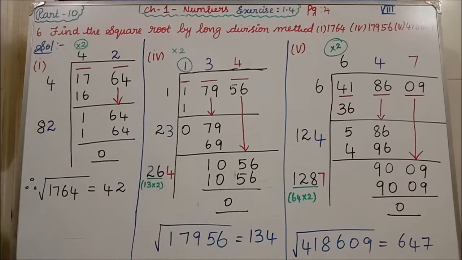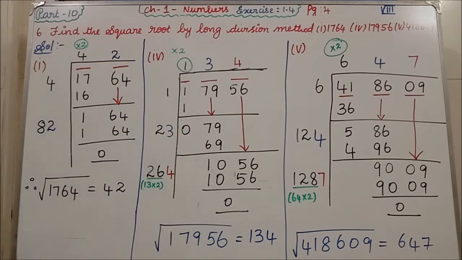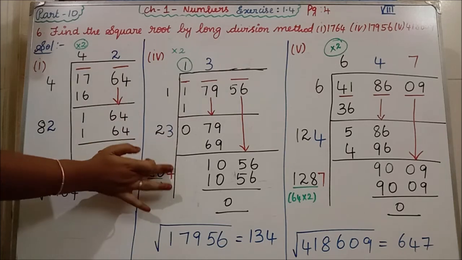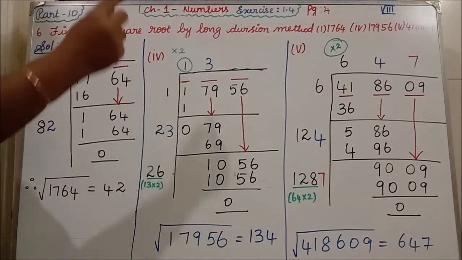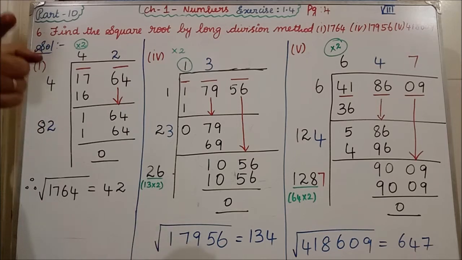After writing 10, you have to bring down the next two numbers, 56. Clear? Now what you have to do, first, what I told you: don't think that 4 is there. For each step, whatever number you have in the quotient, you have to multiply with 2.